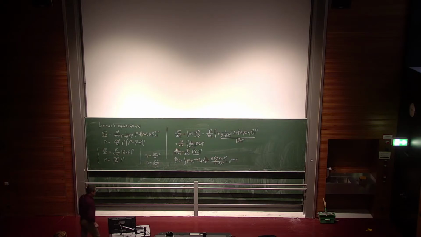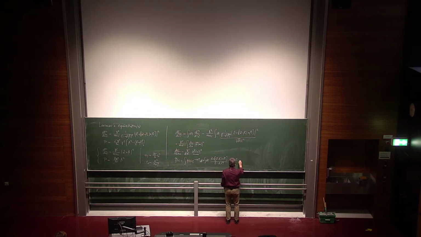For the following reasons. The first is, of course, instead of using the time, the observer's time t here, we can use the retarded time t prime. This has a massive advantage because then we will get the Jacobian of dt prime with respect to dt, and this cancels one of these factors, 1 minus e times beta. So that would mean that we get rid of one of them already.